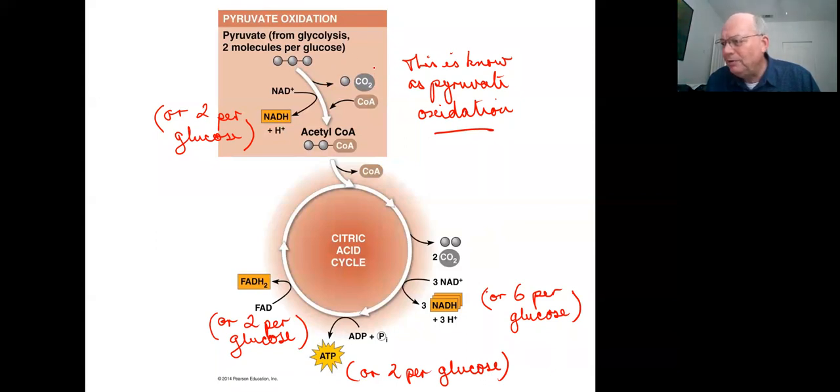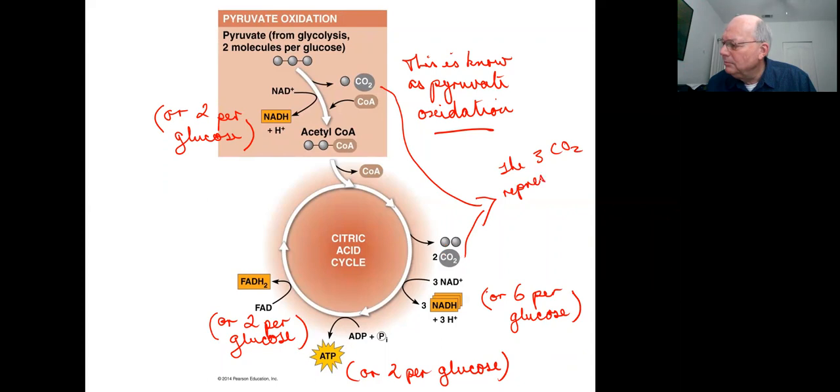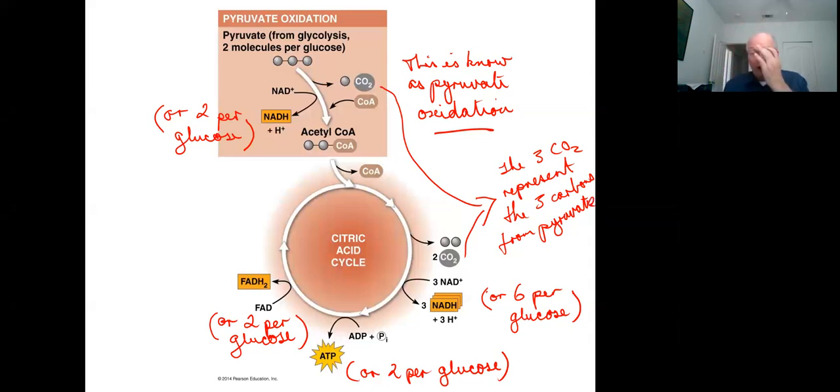There's a single carbon dioxide there, plus we've got 2 carbon dioxides coming out of the citric acid cycle.